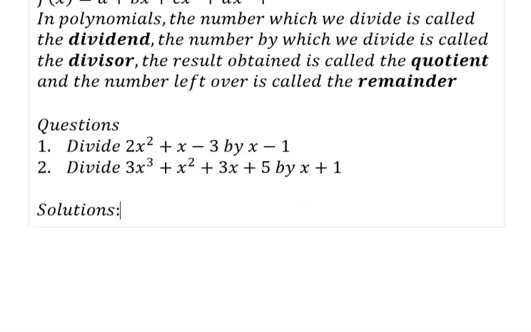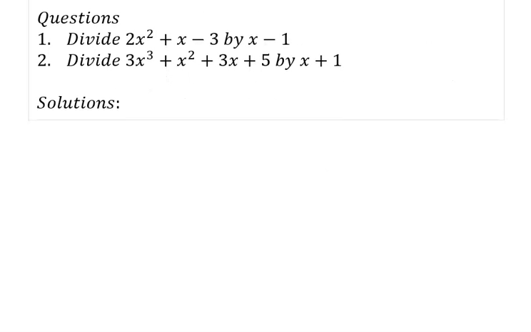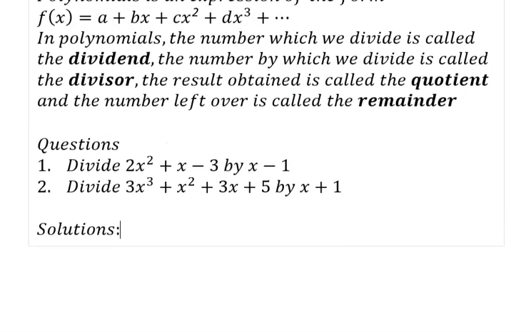Now, we are going to be solving some questions to understand how to solve polynomials. Very easy, just pay attention and you will see. You have to divide 2x squared plus x minus 3 by x minus 1, like the explanation we made here.